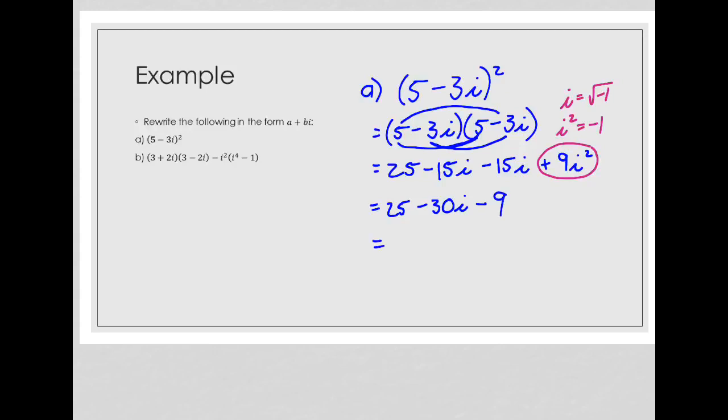We can simplify further: 25 minus 9 is 16, minus 30i, and that is our final answer. As you can see, the real part is 16, and the imaginary part of this expression is negative 30.